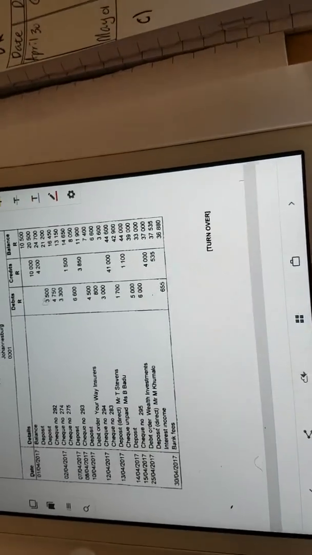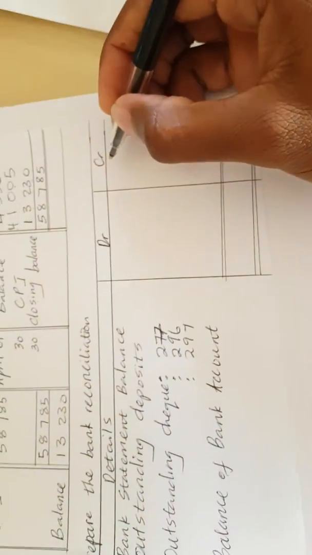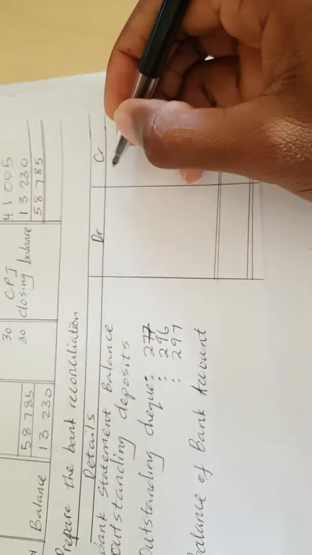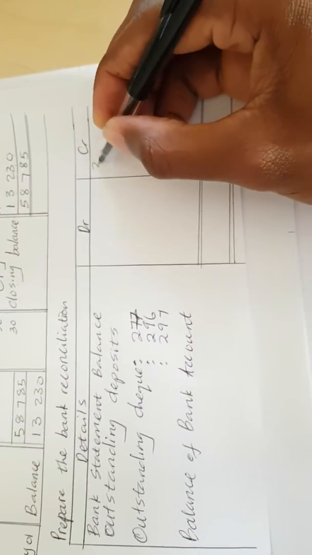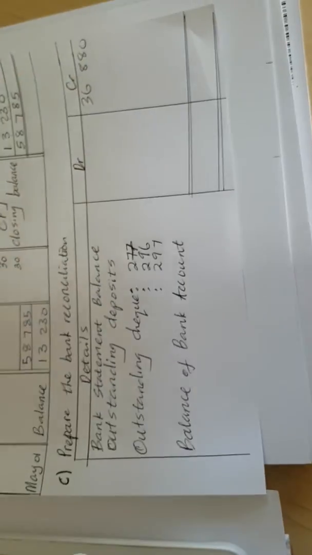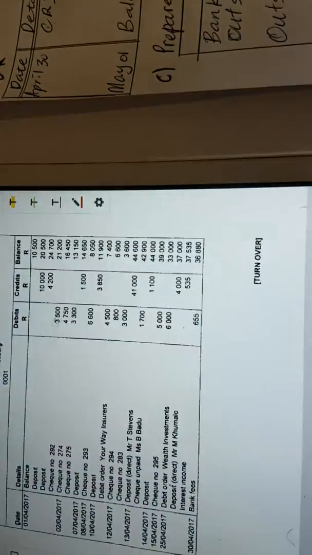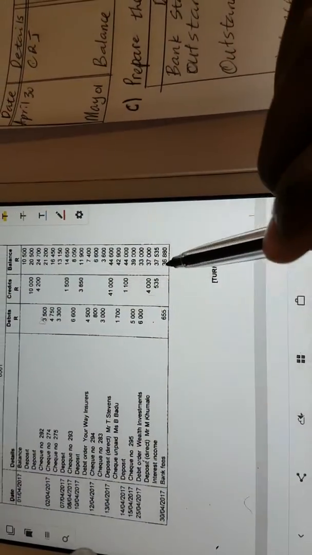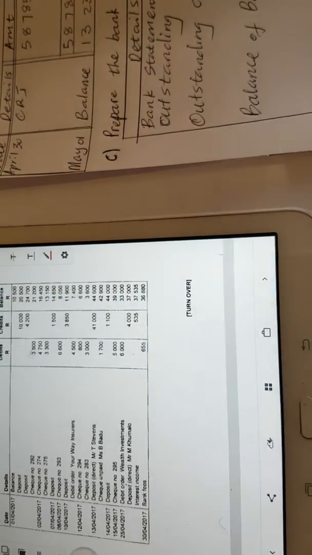So we're going to credit 36,880. Why? Because 36,880 is positive on the bank statement, so it means we have a positive balance on the bank statement.